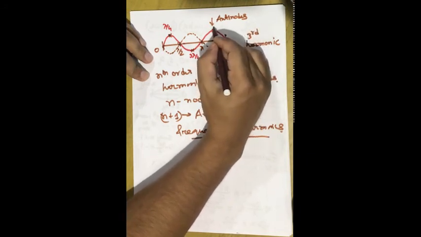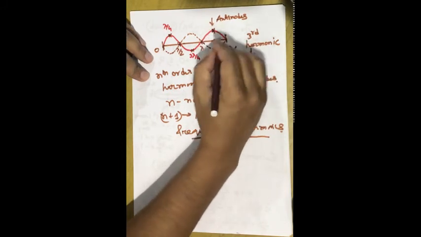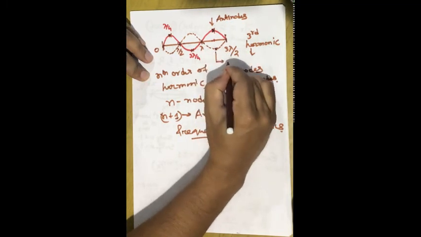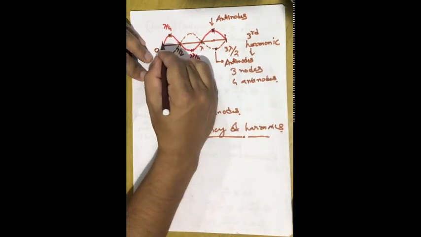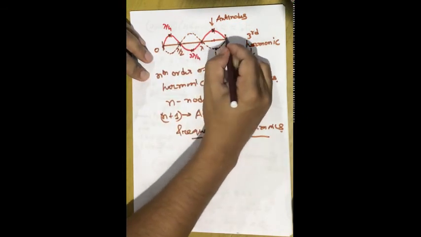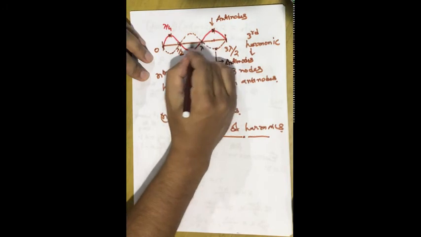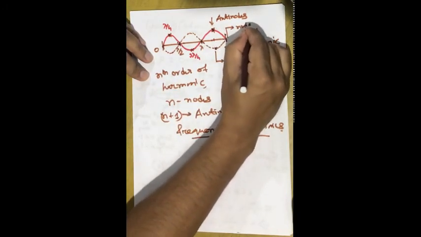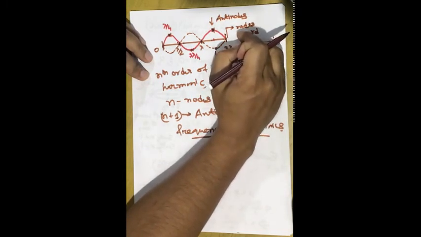The point of maximum and minimum displacement, so this is the point of maximum displacement, this is the point of minimum displacement, these are actually antinodes, and where the two ends of the string are fixed, where the displacement is 0, because these two ends are fixed, and also this point and this point, these are termed as nodes. It should not be antinode. In this part of the video, I have termed it by mistake as antinode, but it should be actually node.